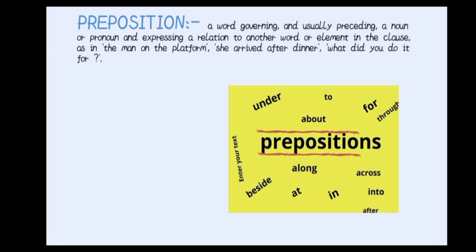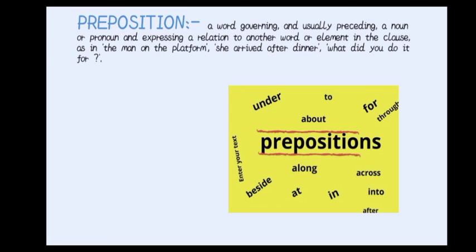For example, a word governing and usually preceding a noun or pronoun and expressing a relation to another word or element in the clause, as in the man on the platform. Now see, the man on the platform. Now where is this man? He is on the platform. That means the word on over here is telling you where this man is.